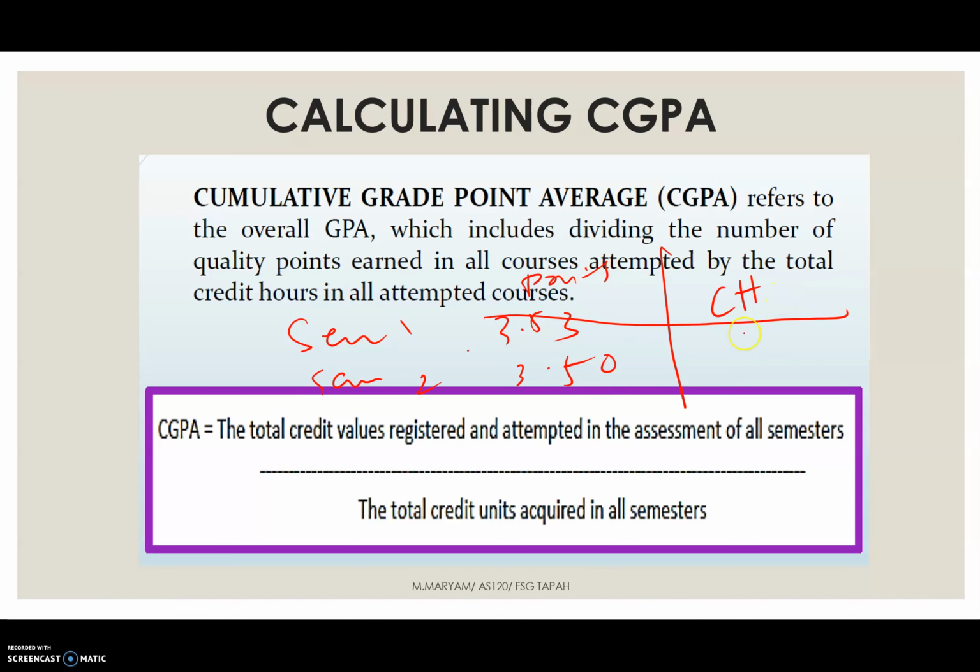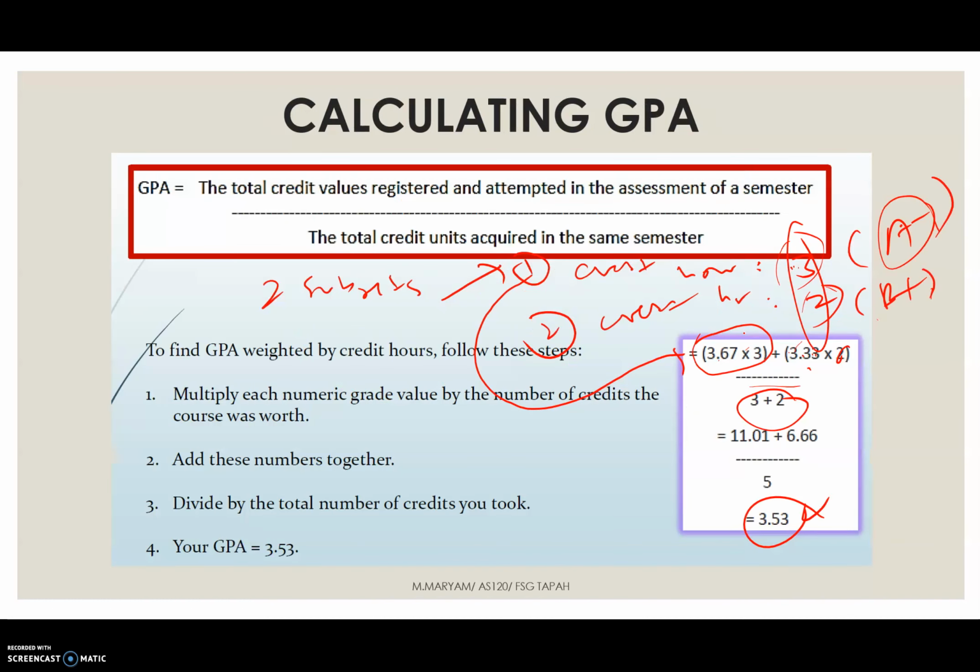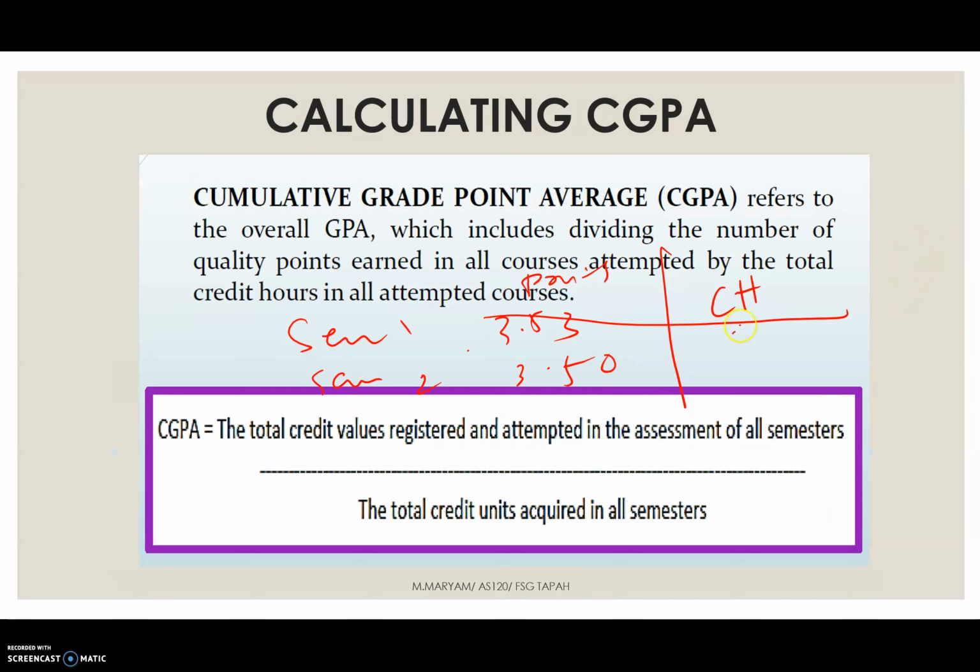Okay, so this is the points, this is the credit hour. So the credit hour for the first semester just now was 3 plus 2, which is 5 credit hours. Okay, so that's the first semester. The second semester, let's say the same credit hour, which is 5. Okay, this is just an example. Alright, so how do I calculate the CGPA?